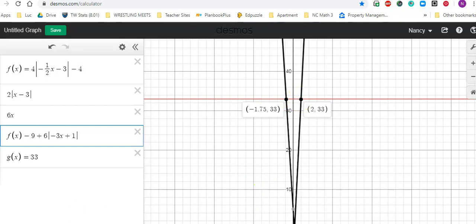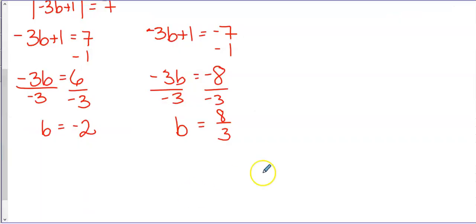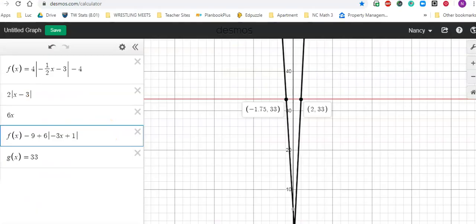So let's see. Let's go back over here. 8/3. Let's see. Was it negative 2? No, it was 2. I must have entered something wrong. Let's see what I did. Negative 9 plus 6. Negative 3x plus 1. And g of x equals 33.